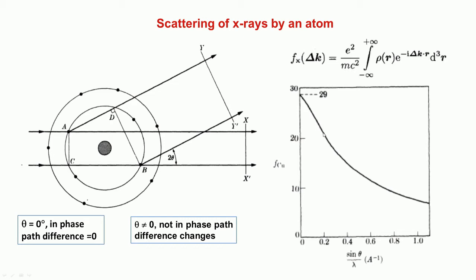As the scattering angle increases, one can see that the scattering contribution F from the atom gets reduced, correct. So, this is what it has all been added together, and this is the value which we call it.